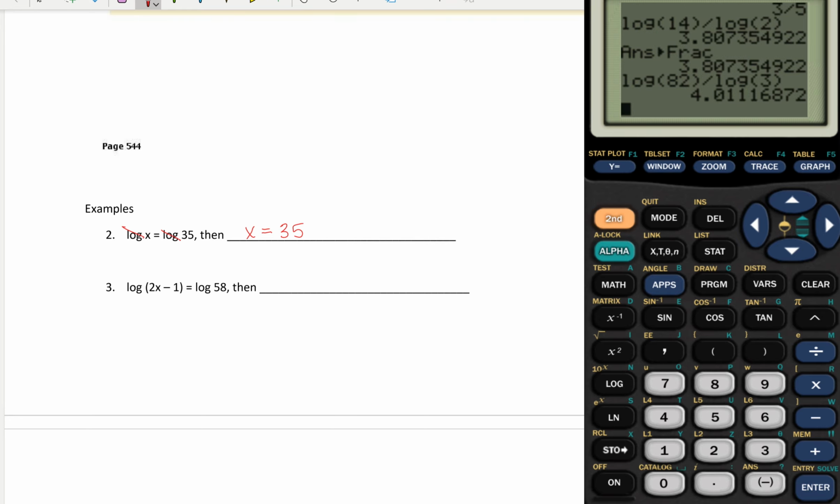Now again, I have log of 2x minus 1 equal to log of 58. Technically, the logs have the same base, so we get to drop them, set what's inside equal to each other, and now solve for x. So I will add 1, so I get 2x equals 59, divided by 2.